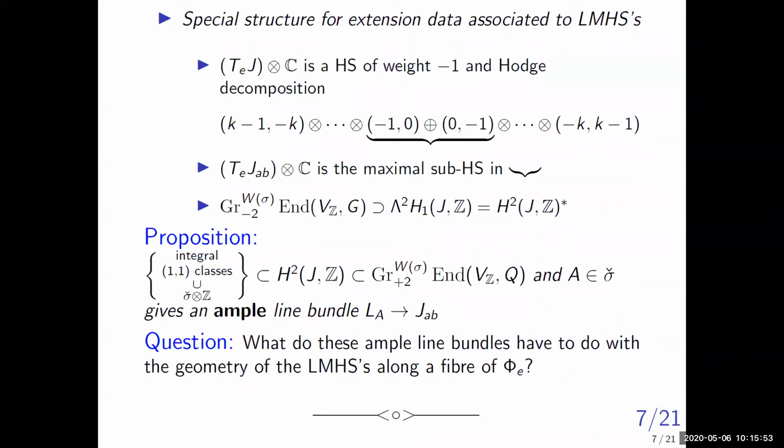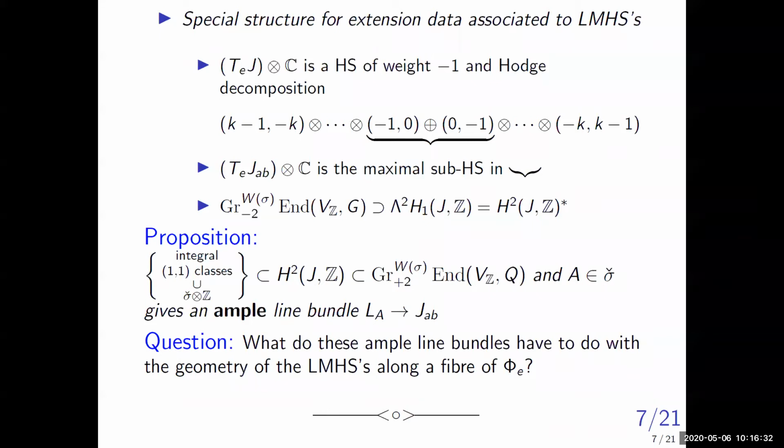And the proposition, just a linear algebra calculation, is that the integral (1,1) classes contain the dual of the cone tensor Z. And if you're in the interior of the cone, tracing through the linear algebra identifications here, you get an ample line bundle over this subcompact subtorus whose tangent space sits right in the middle two pieces of the Hodge decomposition of the tangent space of the full torus.